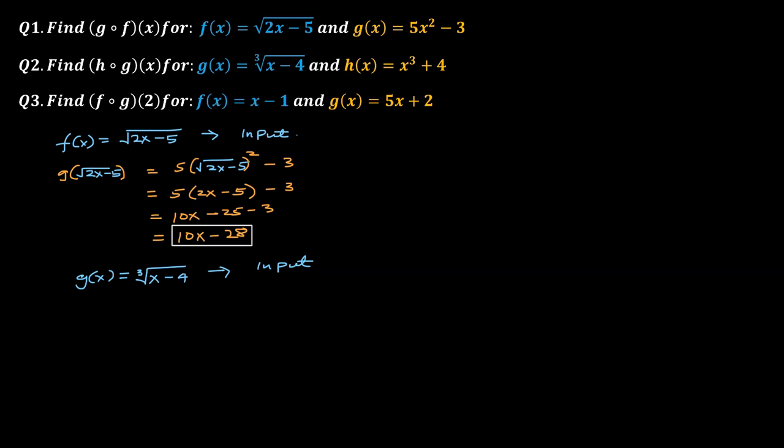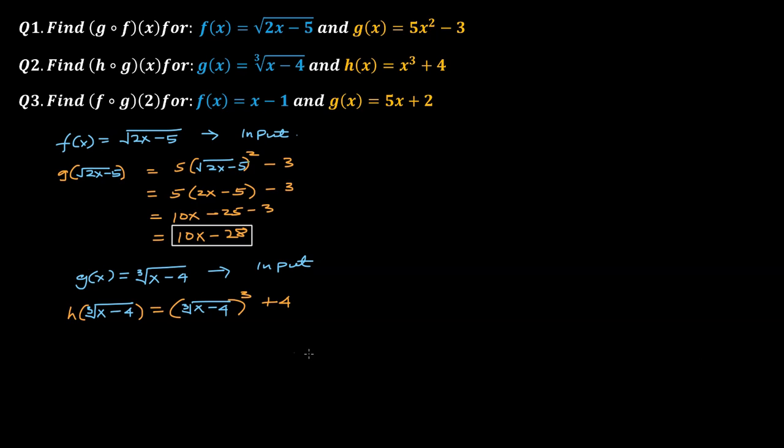So let's solve this. We put h in brackets, our input, which equals our input cubed plus 4. Insert our input, the cube root of x minus 4.